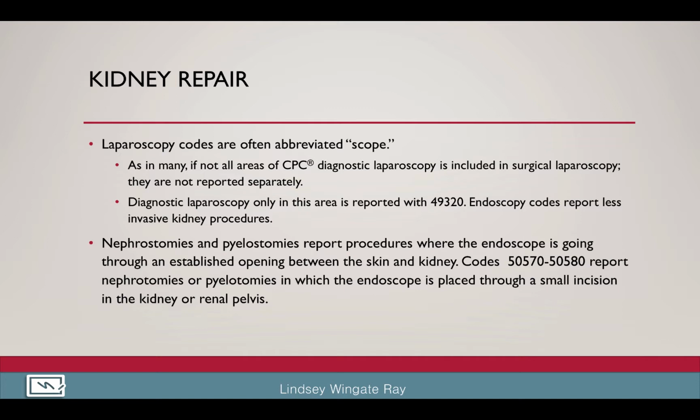Nephrostomies and pyelostomies report procedures where the endoscope is going through an established opening between the skin and kidney. Remember, a stomy is an artificial opening. Codes 50570 through 50580 report nephrostomies and pyelostomies in which the endoscope is placed through a small incision in the kidney or renal pelvis.